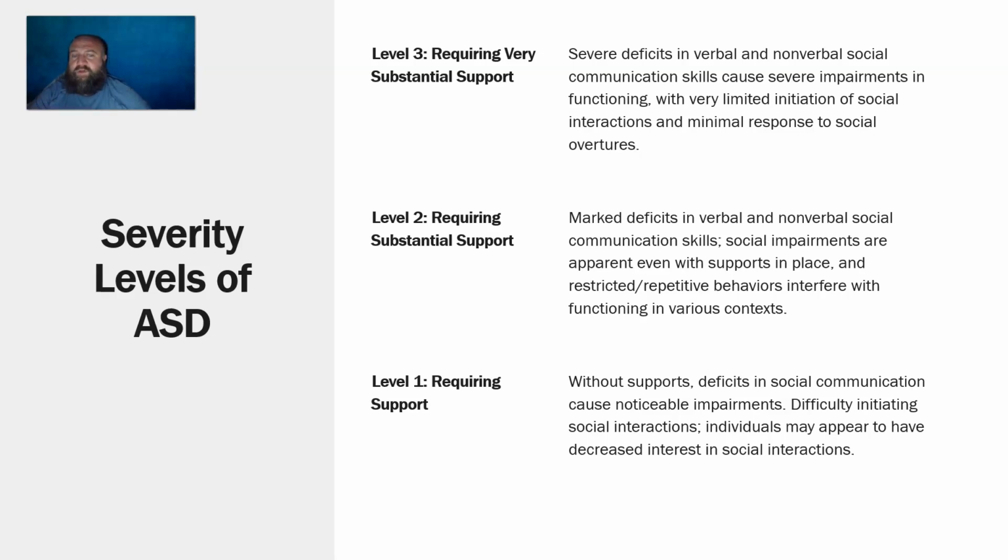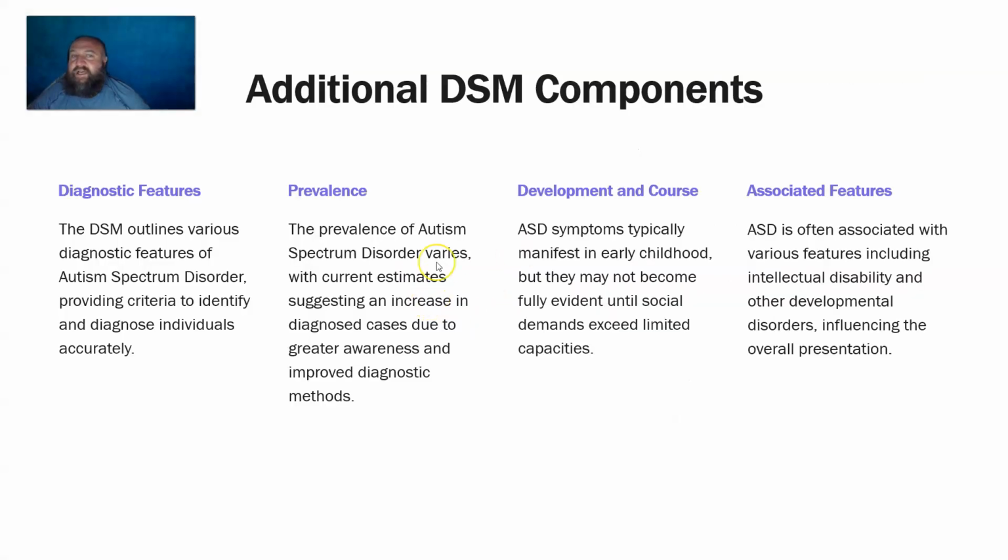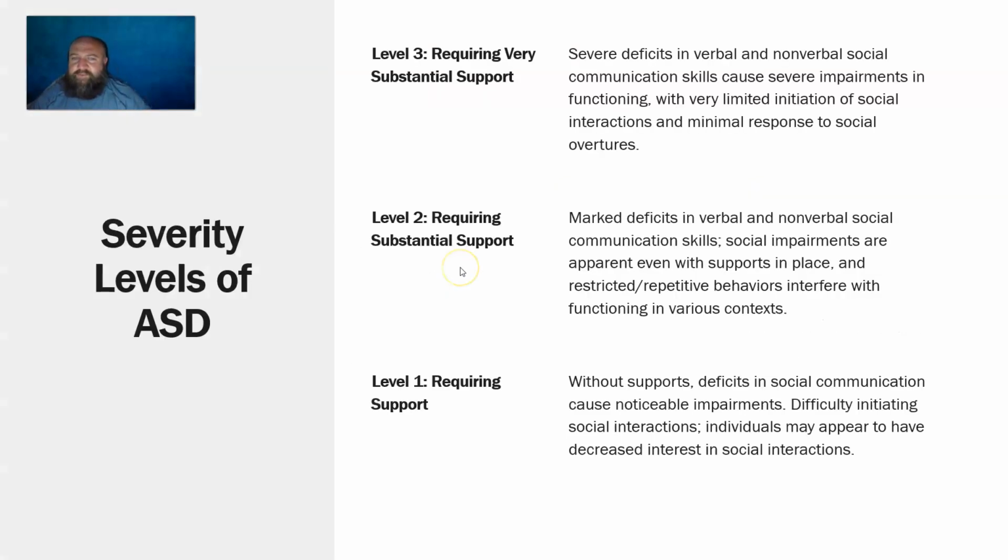Now, typically the way this works is, I have certainly seen it where a person is just diagnosed and referred to as autism spectrum disorder level 1. But usually those levels are used to be more specific to the individual, right? So let me go back here. Say somebody does have severe deficits in verbal and nonverbal social communication skills.